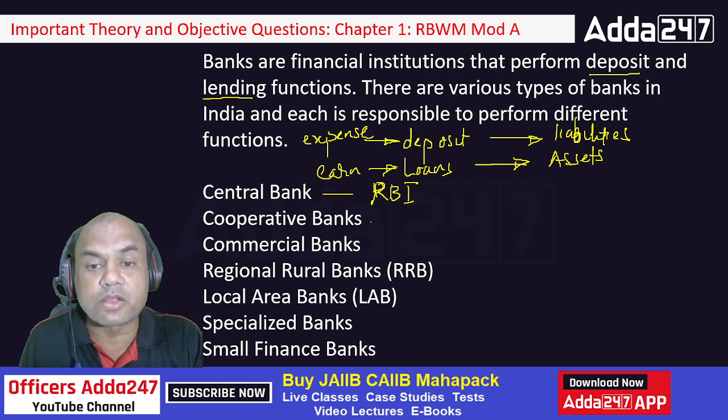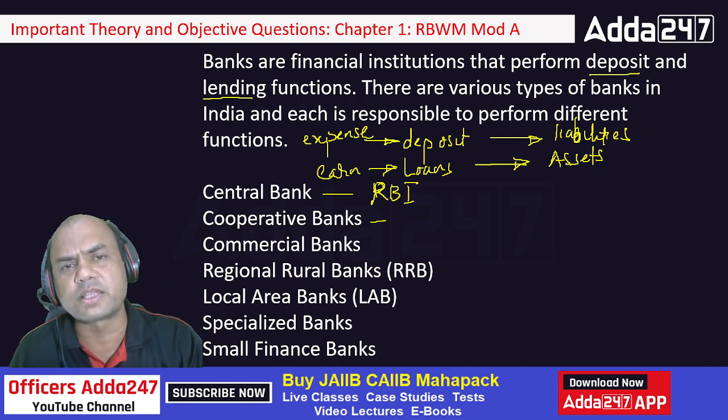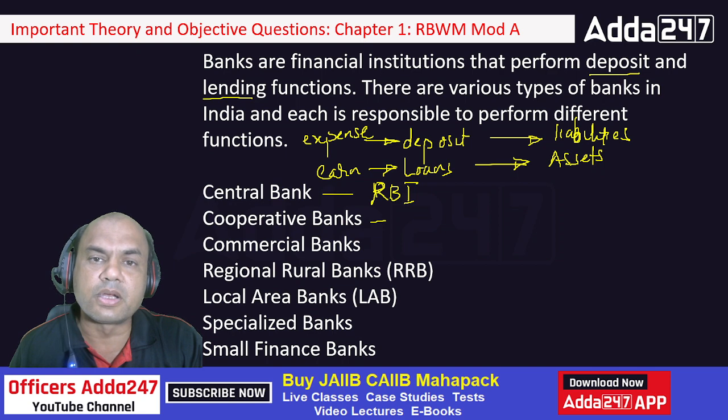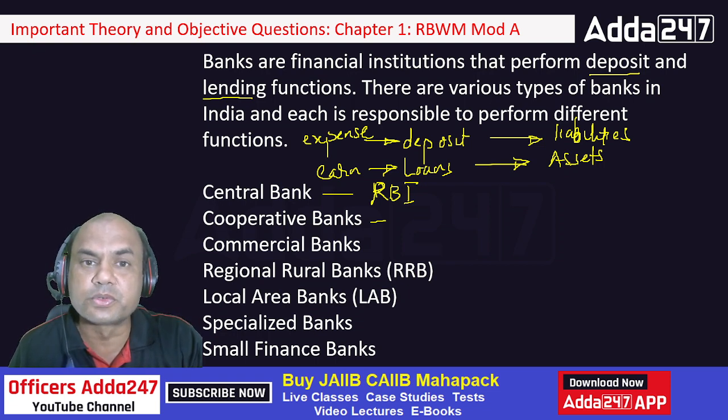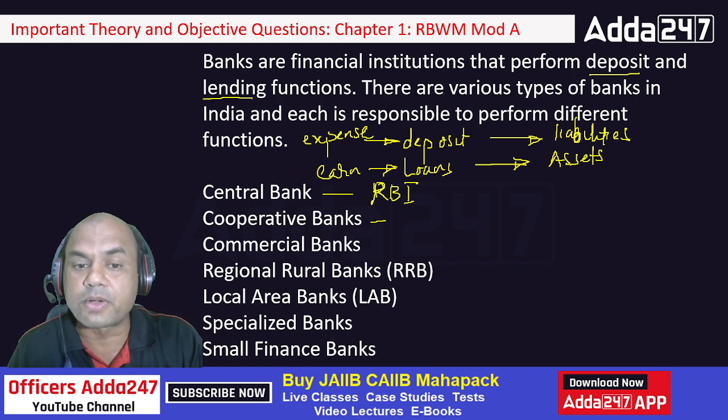Then we have cooperative banks. Mainly cooperative banks are situated in Middle India and South India. In North India there are fewer cooperative banks, but there are some. Cooperative banks are formed by the members themselves by depositing the money capital, and they start a bank themselves. It is generally started as a cooperative society. Cooperative banks are governed by the Cooperative Societies Act.